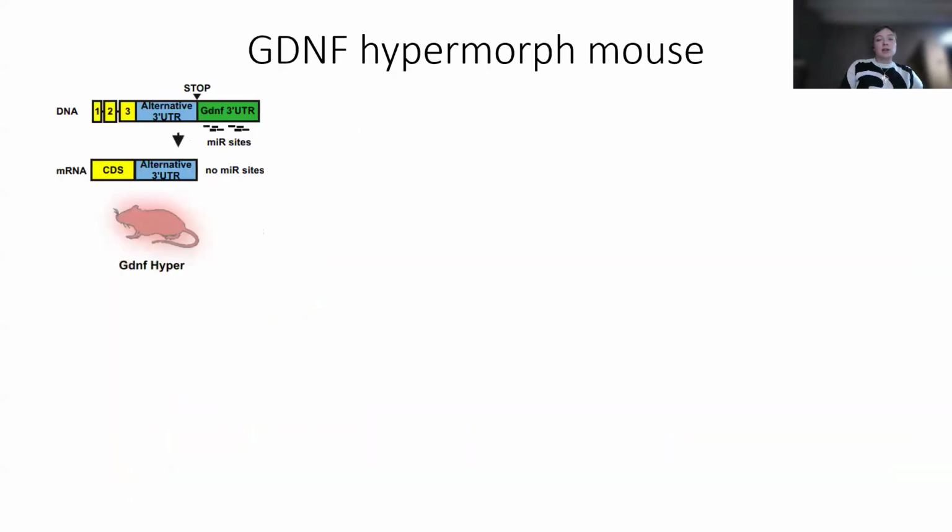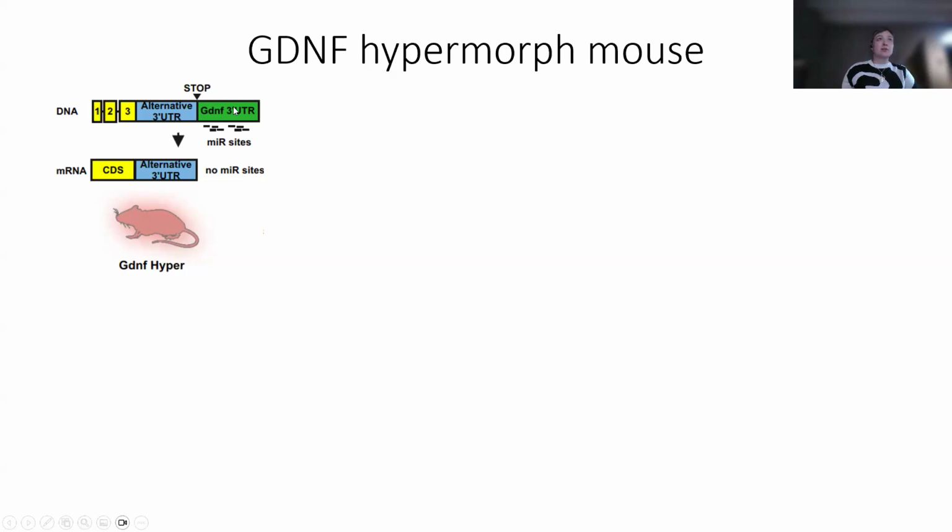Therefore, researchers are searching for how to upregulate this molecule in a controllable manner, and our lab was also developing genetically modified animals, called the GDNF Hypermorph mouse model, which has an edited GDNF gene.